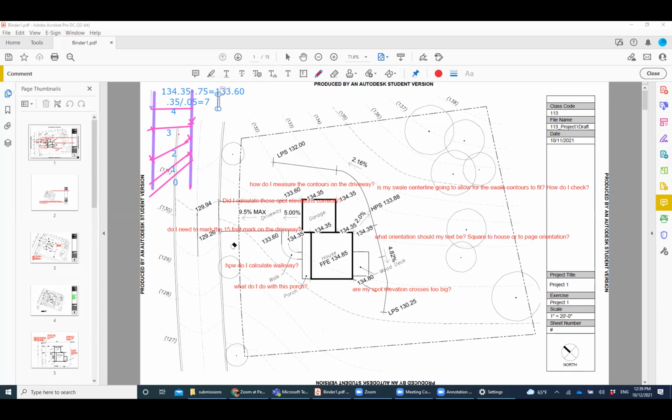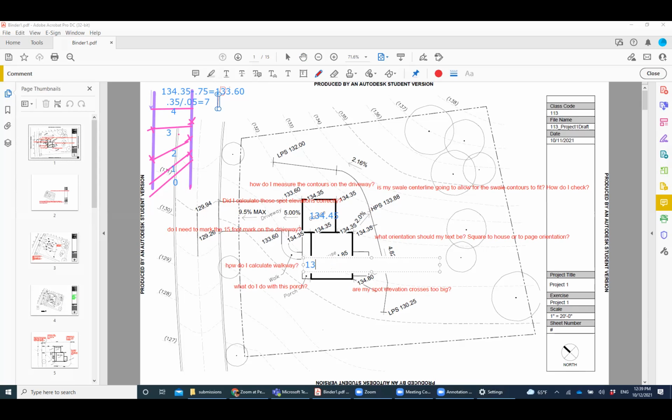So we solved how do we calculate the contours on the driveway here. Now, try to put this on the garage so that we don't forget. Yes, thank you. And this is good where your house is a foot above your garage, which means this could be the same.